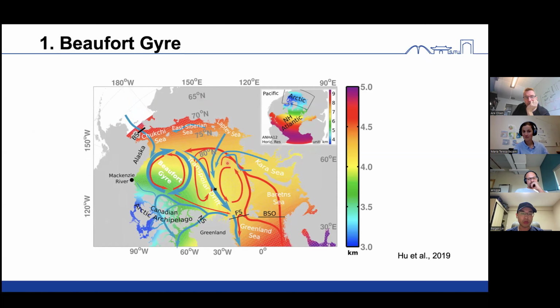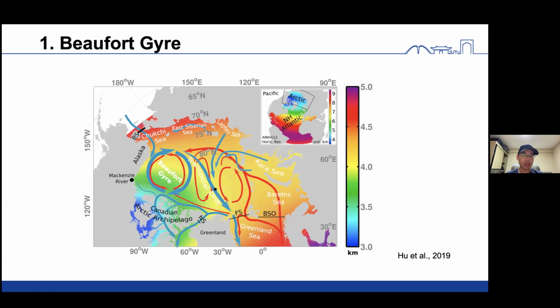The red arrows are the circulation of the Atlantic water, coming through the Atlantic side. And here we focus more on the upper layer circulation, which is indicated by the blue areas. And this anticyclonic circulation is the Beaufort Gyre.